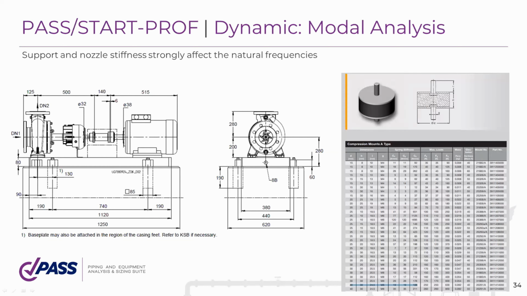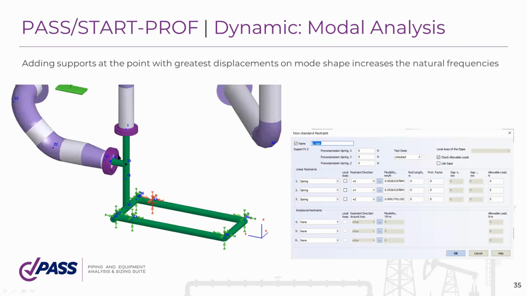We can find the stiffness of that support in horizontal direction and in vertical direction, and we can define it in our piping model like this. We can model the frame of the pump and specify the stiffness of each support.